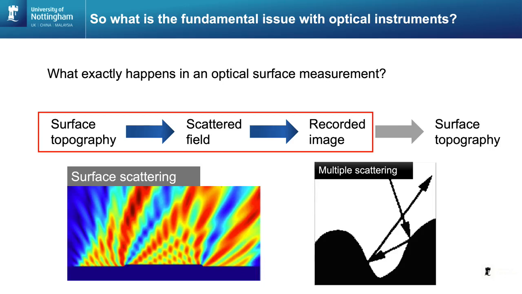We usually use some kind of 2D measuring system to record an image, and somehow we need to extract from that recorded image, which is not the surface, it's a recorded intensity pattern, the surface topography. And that's a very complicated process.